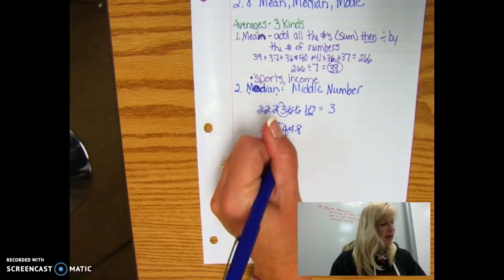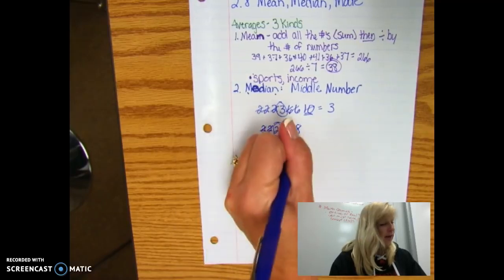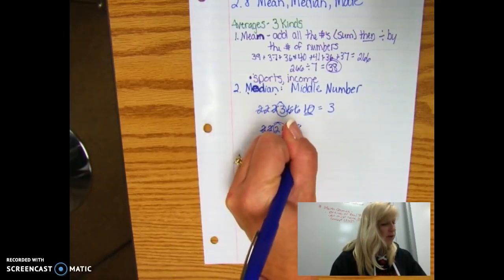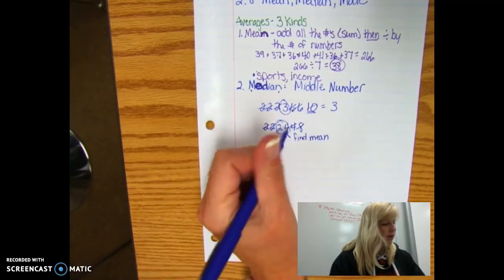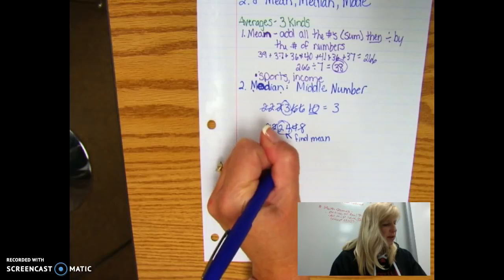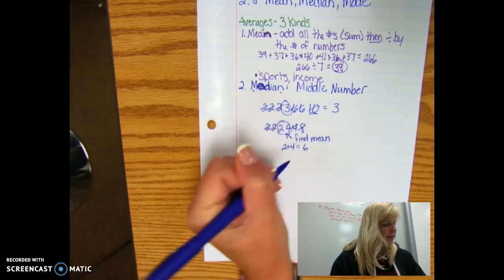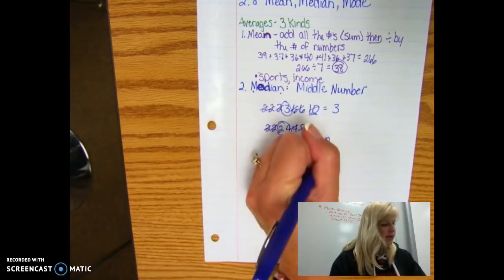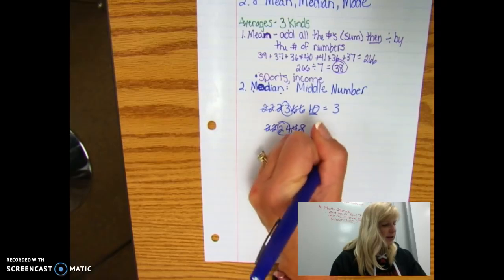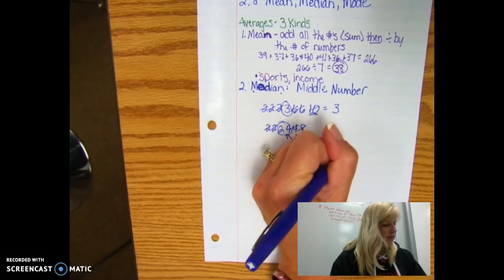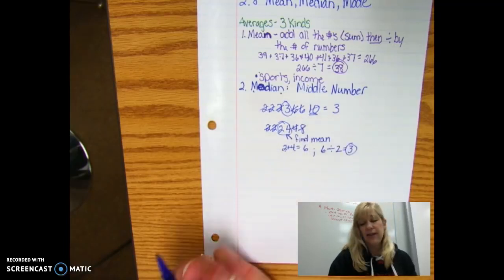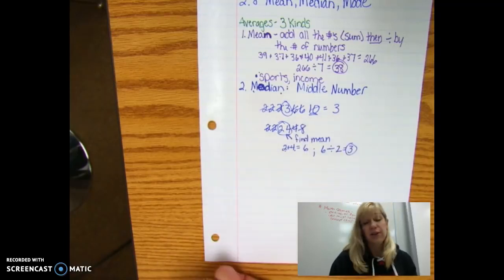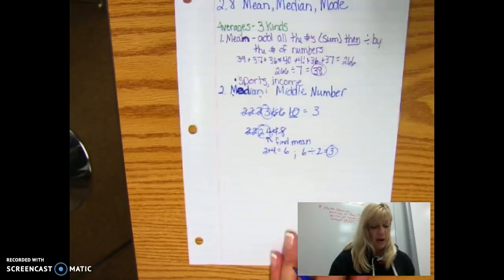If it's an even number of numbers, you find the mean of the two numbers in the middle. So 2 plus 4 is 6. And there's two numbers here, so 6 divided by 2 is 3. A lot of you can see that the middle of 2 and 4 is 3, but I wanted to show you that the mean also works out.